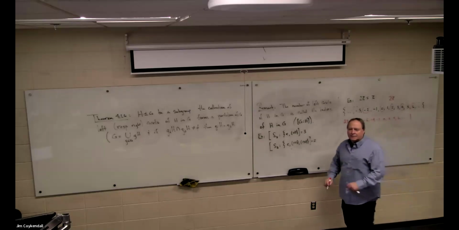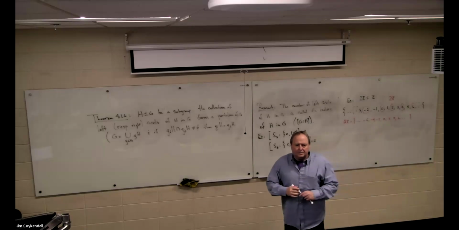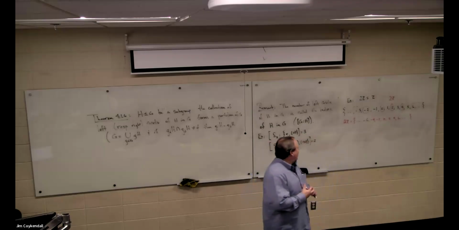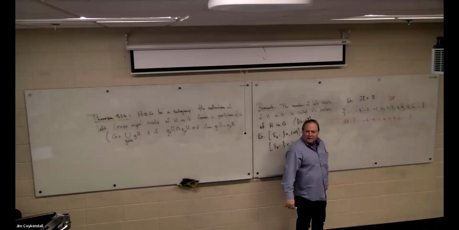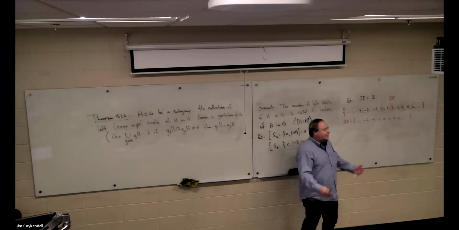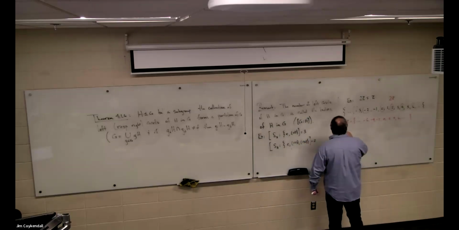There's 2Z. Now, somebody give me an element of the integers that's not even. 5. Let's look at this coset.